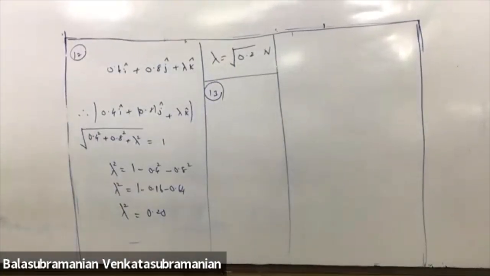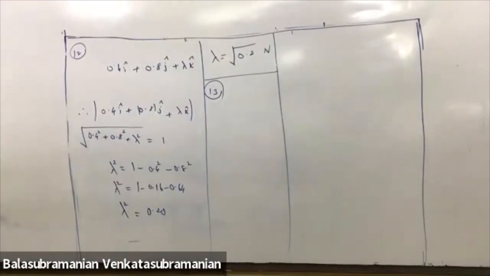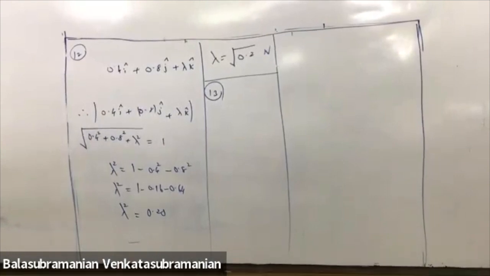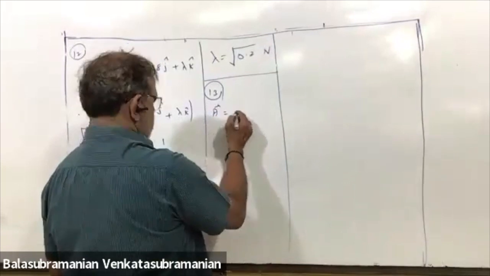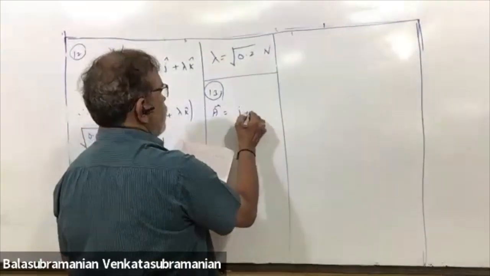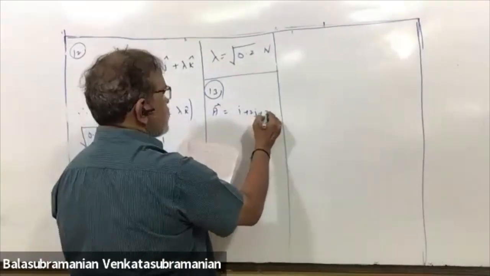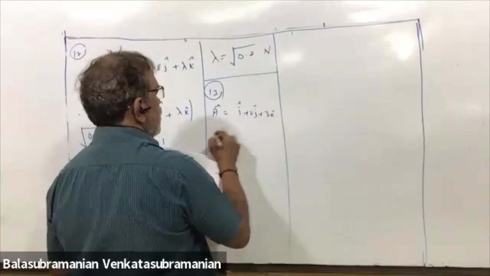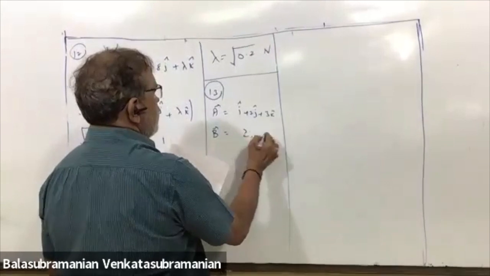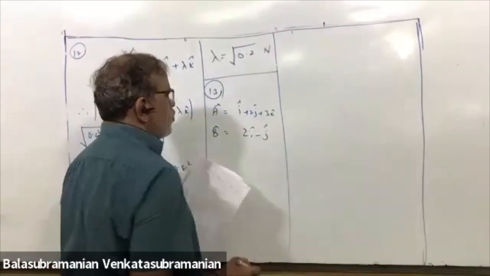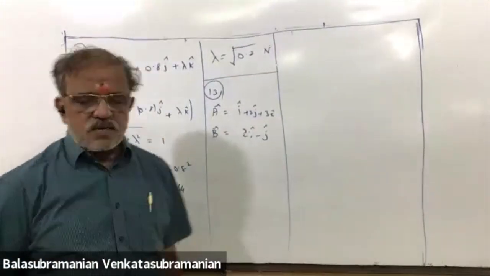Prove that the vectors A and B are perpendicular to each other. A vector is i plus 2j plus 3k. B vector is 2i minus j. Prove A and B are perpendicular.